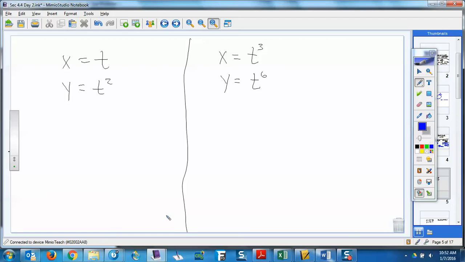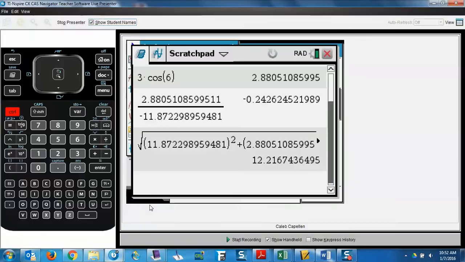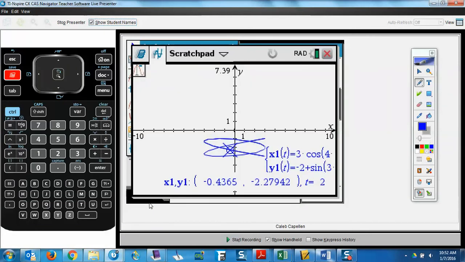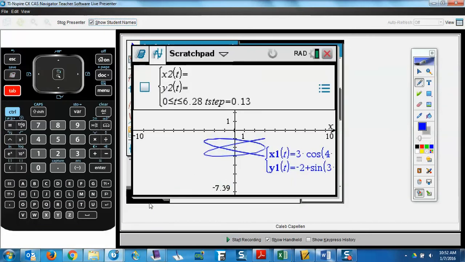I've got two different parametric equations. Okay? Now, if we graph these, and we'll keep Caleb on the hook here, let's go into our calculator and go to our graph screen. Hit escape and tab and get into there.